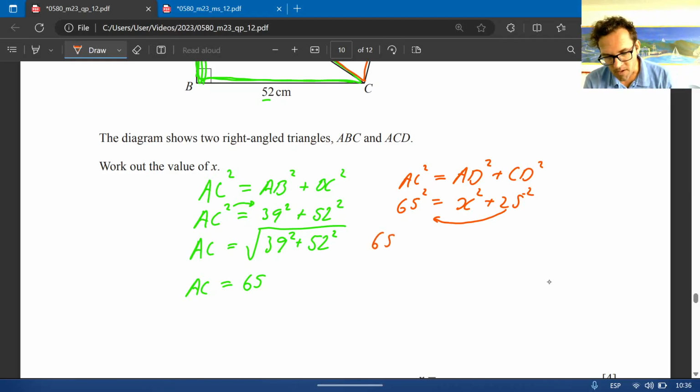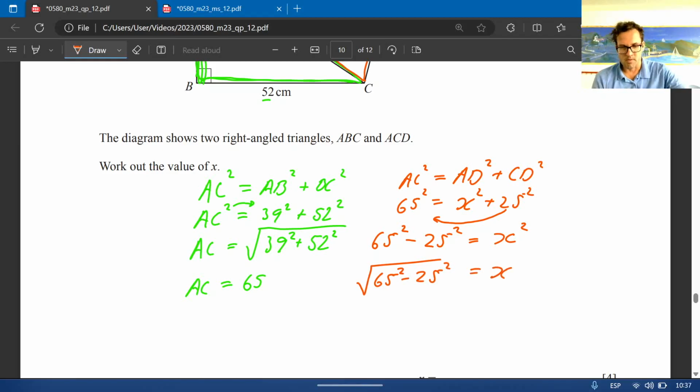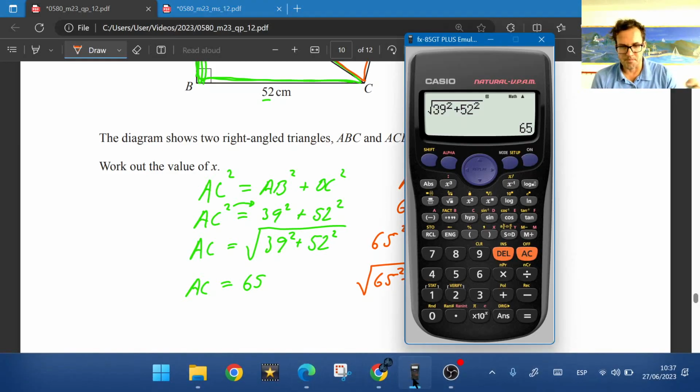So it's 65 squared minus 25 squared will give us x squared. Whenever you have to work out a side that is not the hypotenuse, you're going to have to subtract. Remember that. Okay, again, I want to get rid of the square, so that will be square root of 65 squared minus 25 squared, and that will give us x. So let's do that all at once.